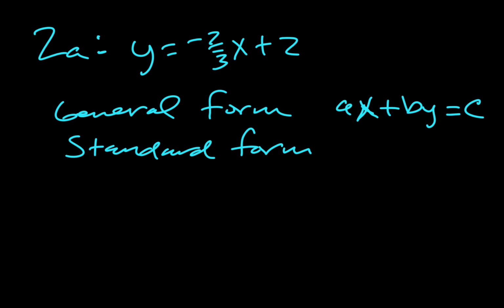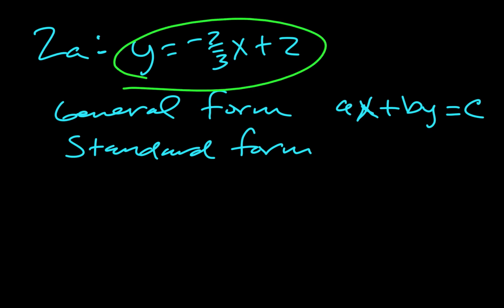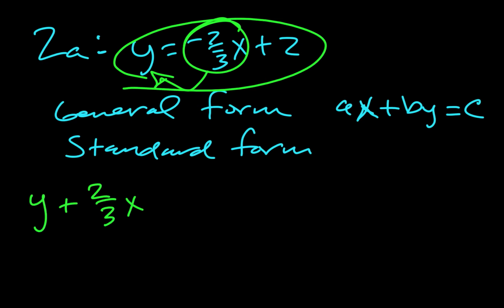And so we need to get our x and our y on one side, and then any remaining constants on the other side. So if we look at the original equation they give us, that means we need to add just this piece over onto this side. So we're going to get y plus 2/3 x equals 2. And we see that it fits that form. Our a would be 1, our b would be 2/3, and our c would be 2.